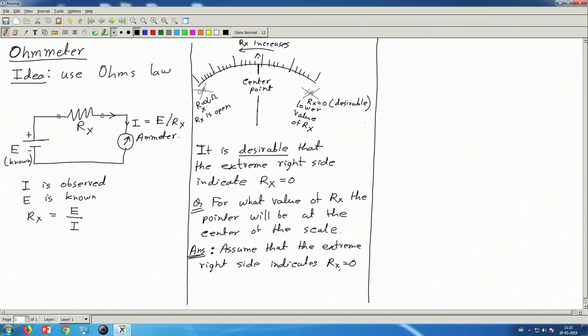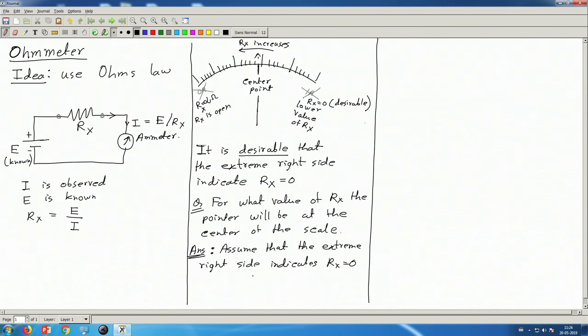Suppose I have made this circuit, that means I have chosen the value of everything, this EMF, the different parameters of this ammeter, such that the extreme right side indicates Rx equal to 0, which is a desirable condition. So, let us say we have this desirable condition fulfilled.